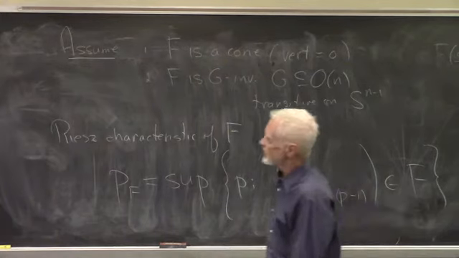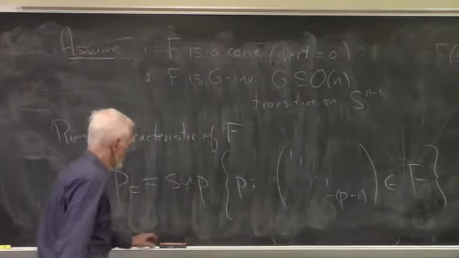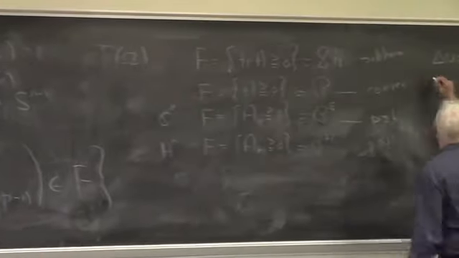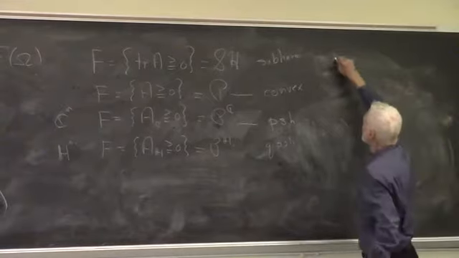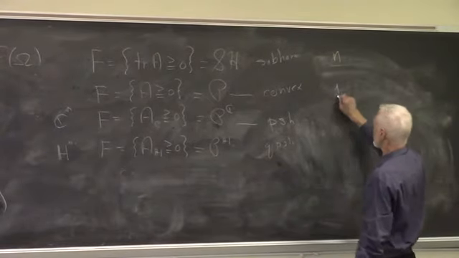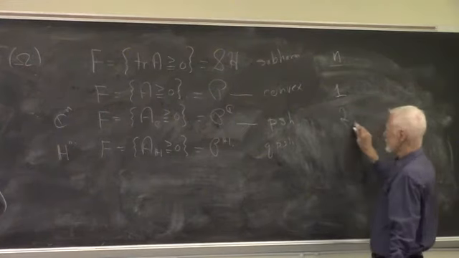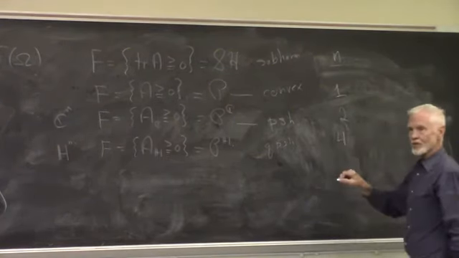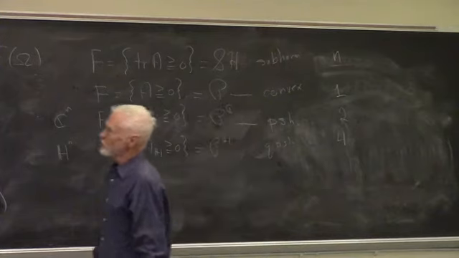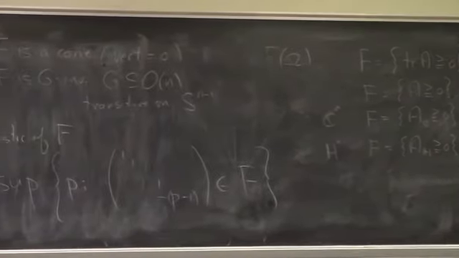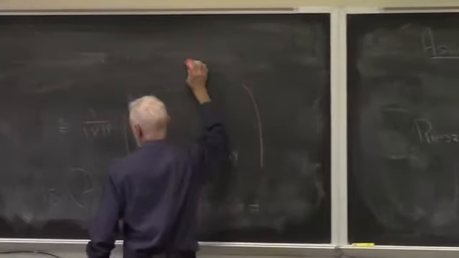Okay. So, the Riesz characteristic of this guy is n. The Riesz characteristic of this is 1. The Riesz characteristic of this is 2. The Riesz characteristic of this is 4. But if you look at more complicated equations, it gets more interesting.